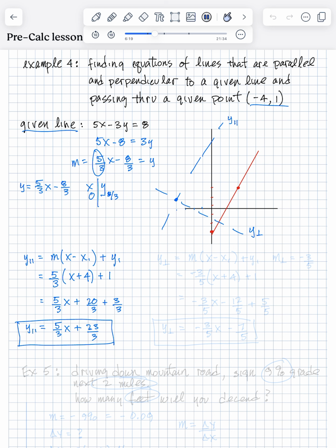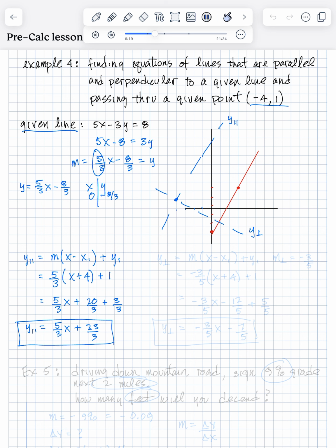And now we can solve y perpendicular. Well, first of all, let's go ahead and write the equation. Y perpendicular is going to be the same: m times x minus x1 plus y1. But our m in this case, the perpendicular m, is going to be the negative reciprocal of 5/3.